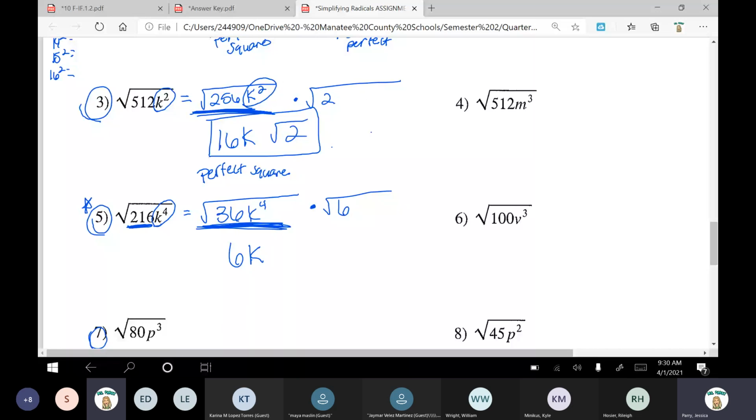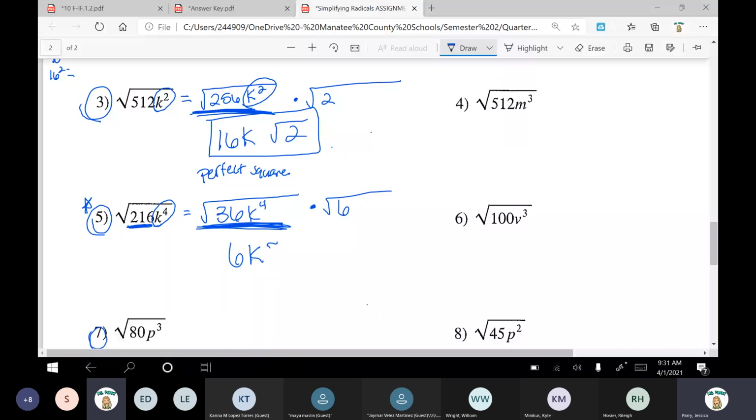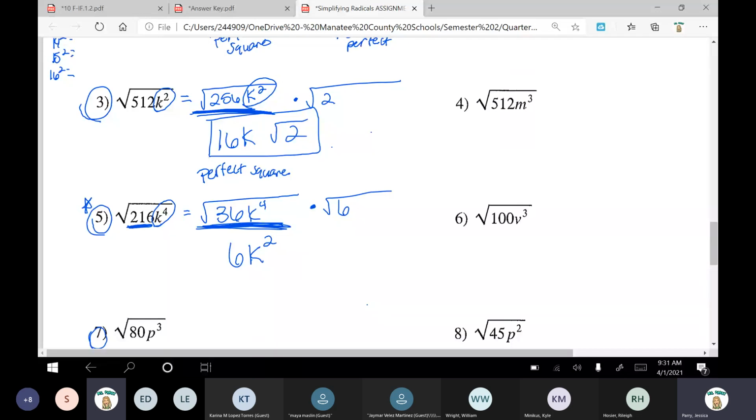So what's my new exponent for k? 2. Perfect, because 4 divided by 2 is 2. So that 36k to the power of 4, square root all of that, we get 6k squared. And then I'm just going to drag down this square root of 6. And then that is your final answer there for number 5.